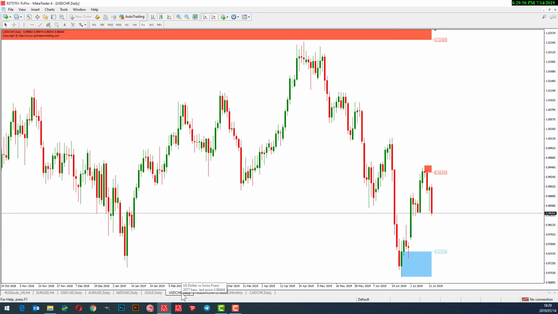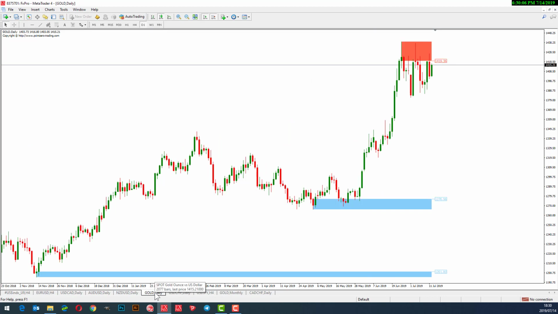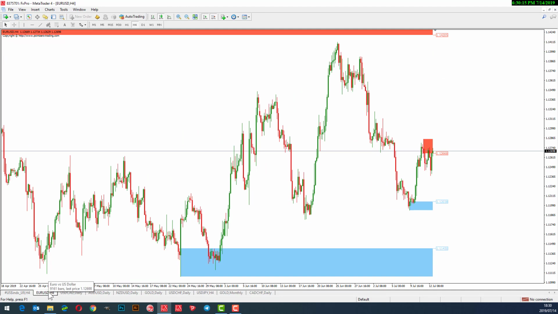USDCHF all the way to the downside to the 97,500 area. So that's your homework as a trader. So our main assets are going to be USDCHF, USDJPY, sorry, gold, and EURUSD. I've highlighted the zones for you there.